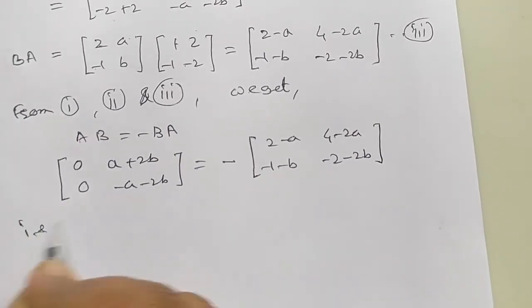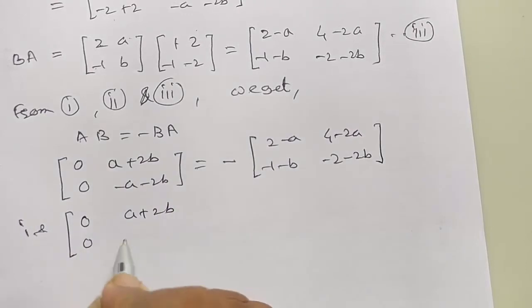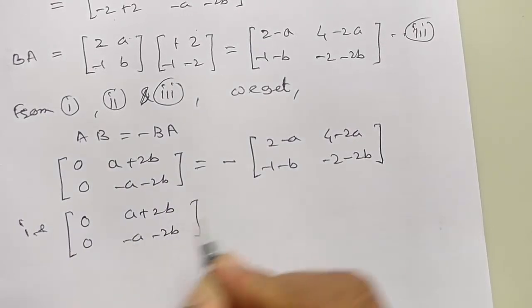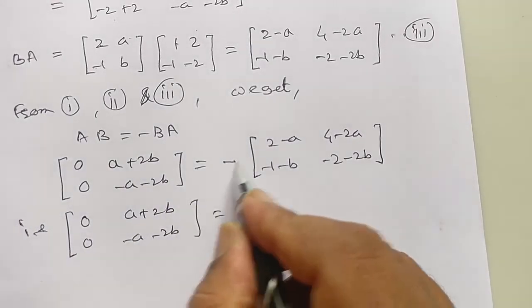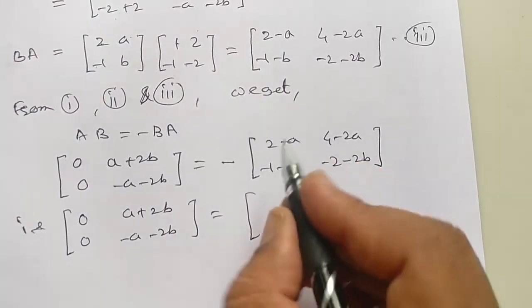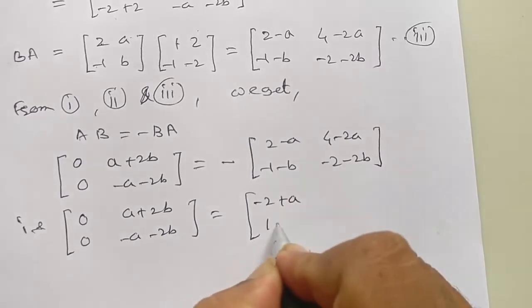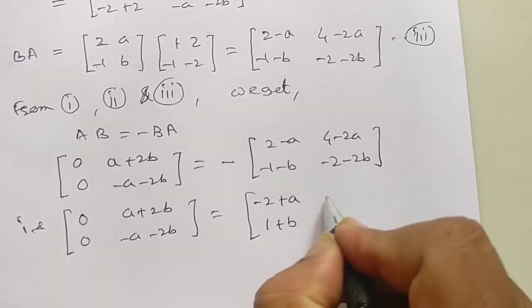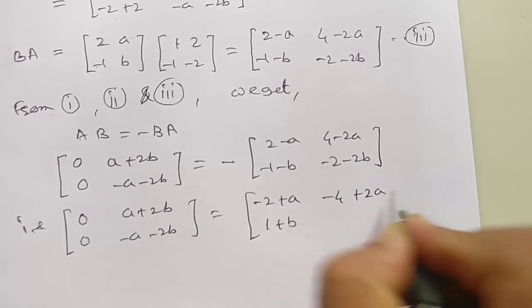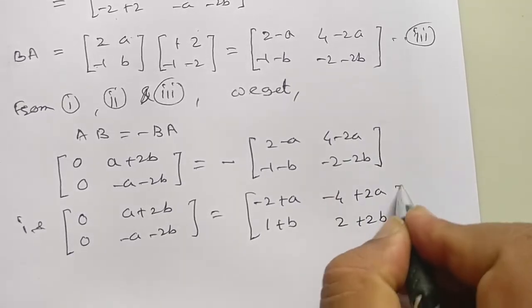That is 0, A plus 2B, 0 minus A minus 2B is equal to, multiply minus, it is a scalar multiplication, it is multiplied to every element of the matrix, that is minus 2 plus A, 1 plus B, minus 4 plus twice A, 2 plus 2B.